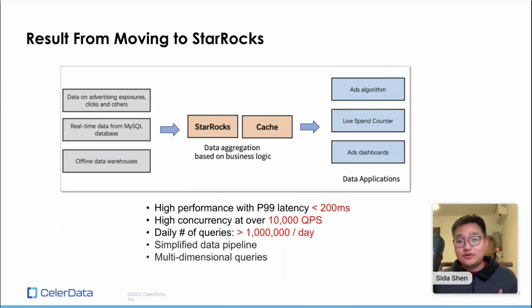With a simplified data pipeline, no denormalization, and fewer systems, they're able to do more multi-dimensional queries because the raw performance is better. So they can drill down more, and do a lot more computation on the fly with a significantly decreased amount of pre-aggregation as well.